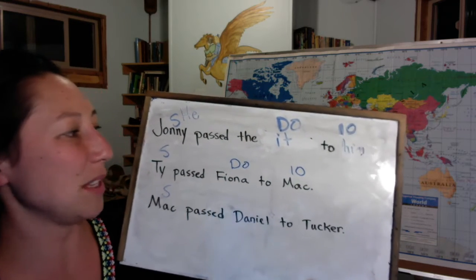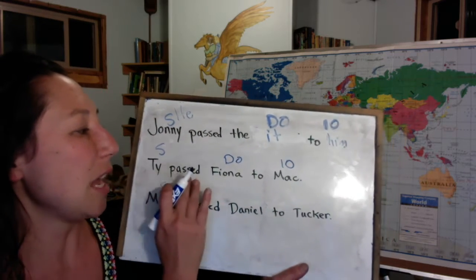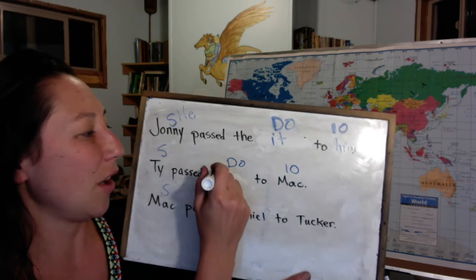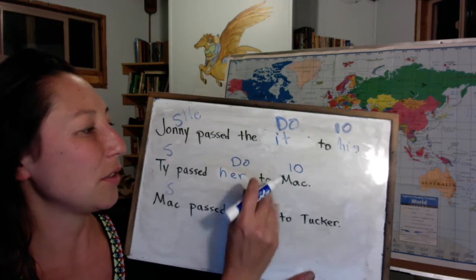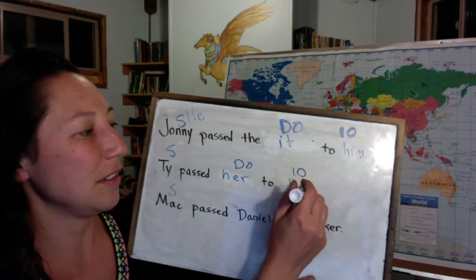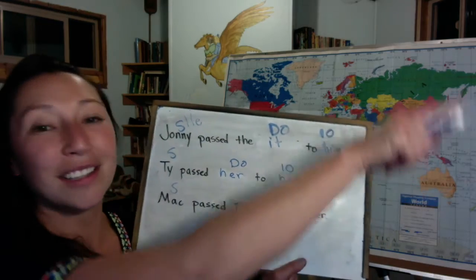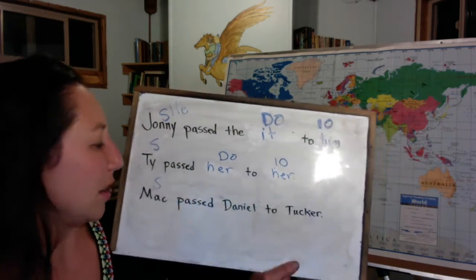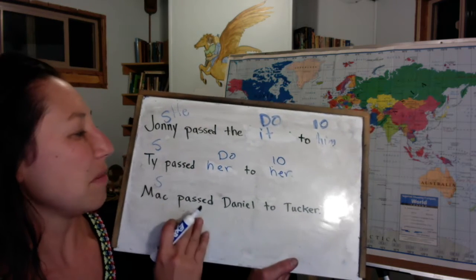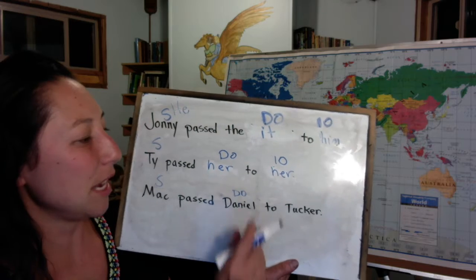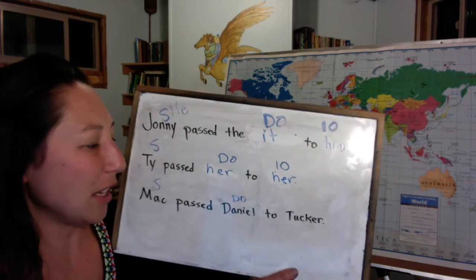Let's go ahead and replace them with pronouns now. Ty passed Fiona. We could replace that with her, to Mac. To her. Ty passed her to her. Mac passed Daniel to Tucker. Mac passed what or who? Daniel. He's my direct object.